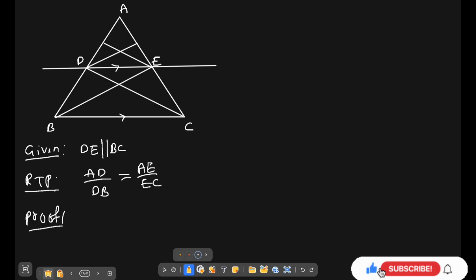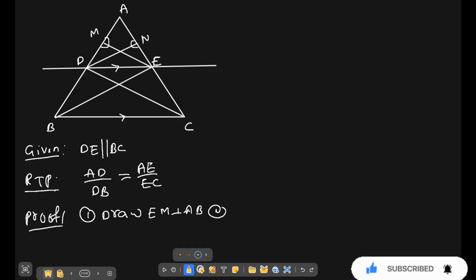So this is M, EM perpendicular to AB, this is N. So what we have to do? Draw this EM perpendicular to AB. Second thing is DN perpendicular to AC, and third thing is join DC and BE.